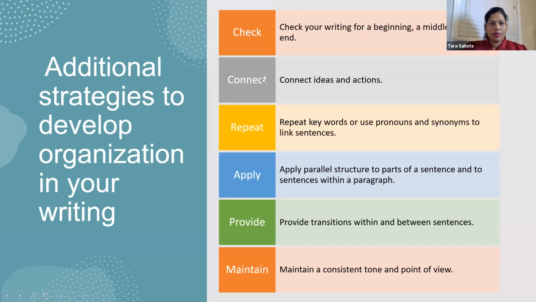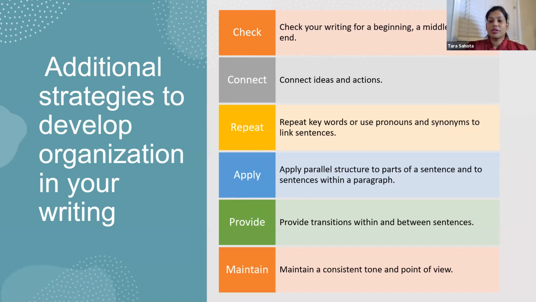Now, the other important thing, or additional strategies that you can use to develop organization in your writing, that is: check, connect, repeat, apply, provide, and maintain. So check your writing for a beginning, a middle, and an end. Connect ideas and actions, repeat keywords or use pronouns and synonyms to link sentences.